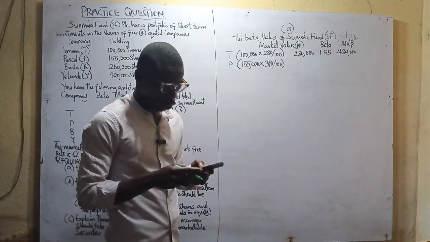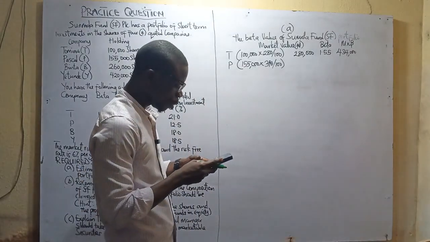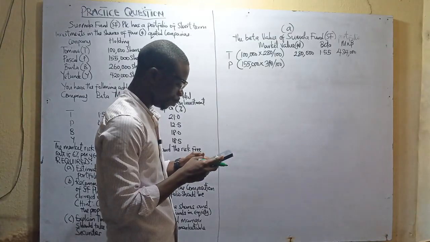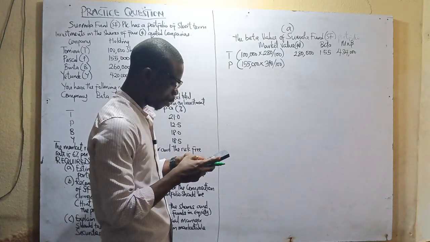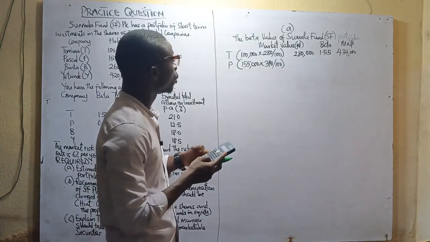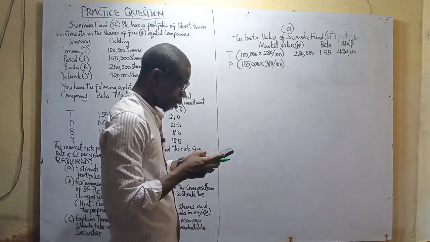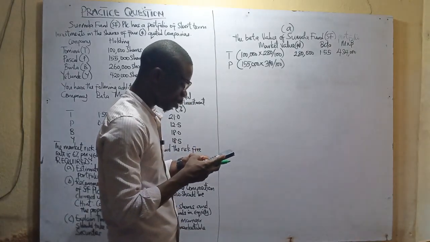So that will be 155 times 340 kobo divided by 100.